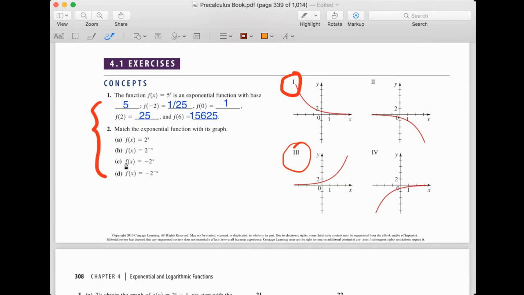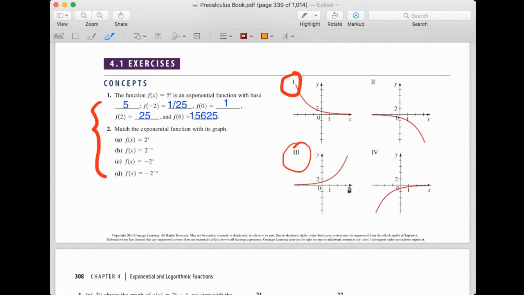Can you tell us the reason why C is the second one? Your answer is right. If you could explain to us why, I'll give you credit for presentation. I don't have a reason, I just guessed. Okay, so you see C, negative 2 raised to x.